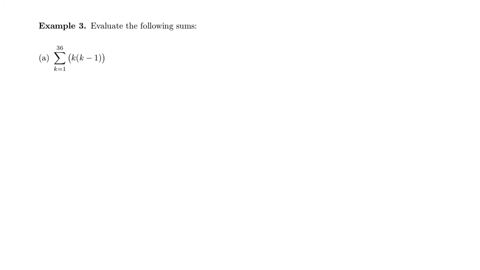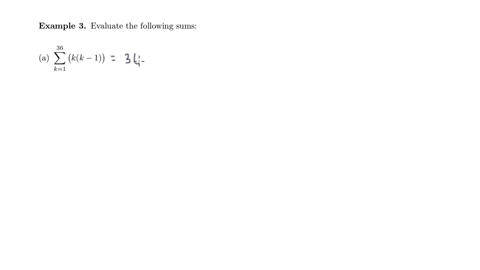All right, so now that we've proved these very interesting summation formulas using sigma notation, let's see how much mileage we can get out of them. So notice that this sum from k equals 1 to 36 of k times k minus 1, of course, what we're really looking at here is this.